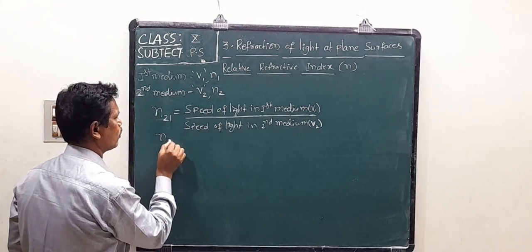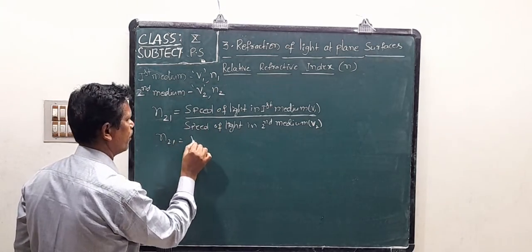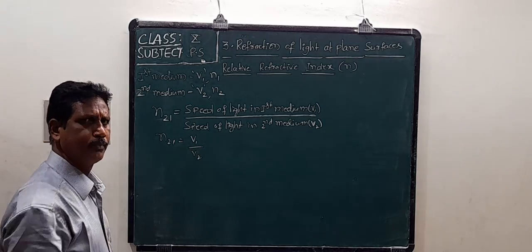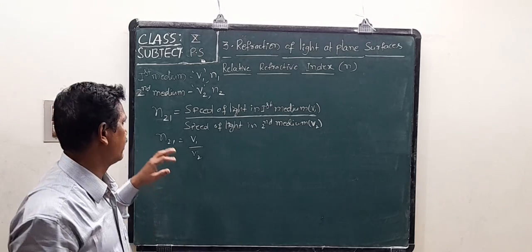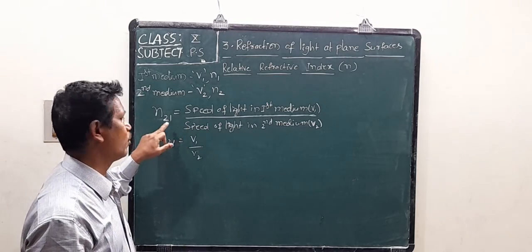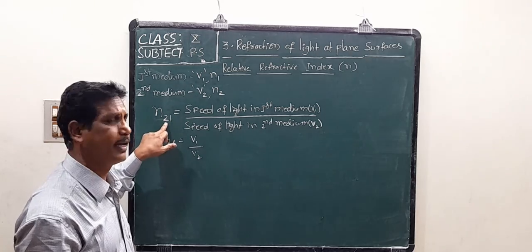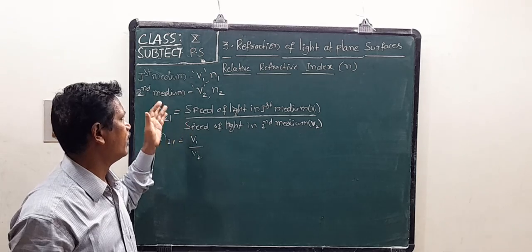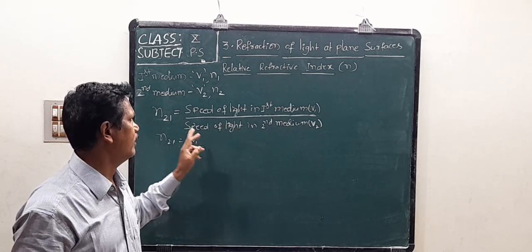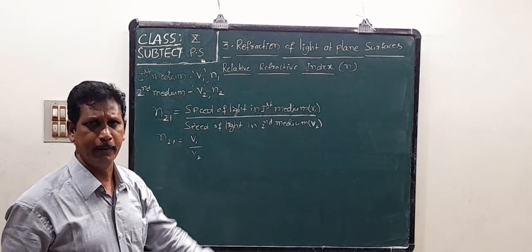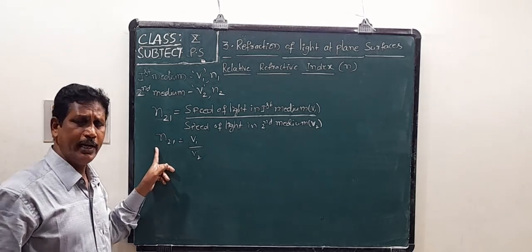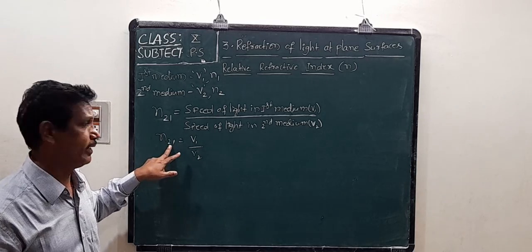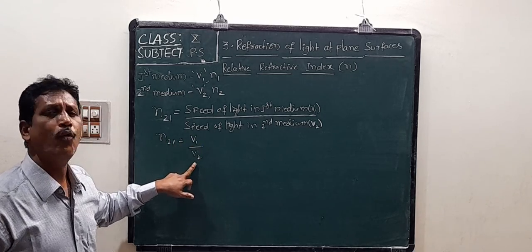Therefore n21 equal to v1 by v2. The relative refractive index n21, the refractive index of the second medium with respect to the first medium, is equal to the ratio of the speed of light in the first medium to the speed of light in the second medium. Therefore n21 is equal to v1 by v2.